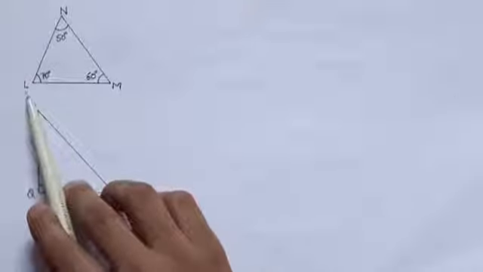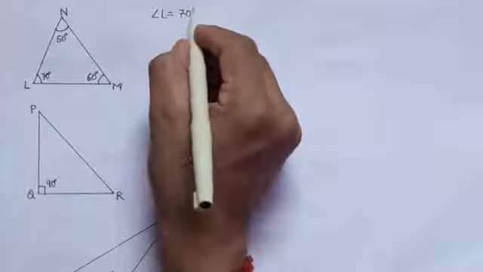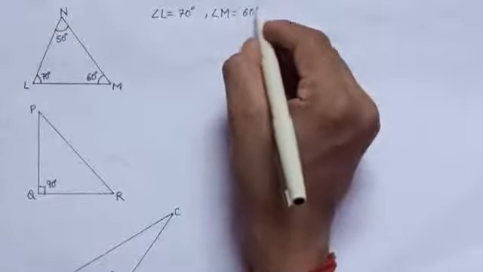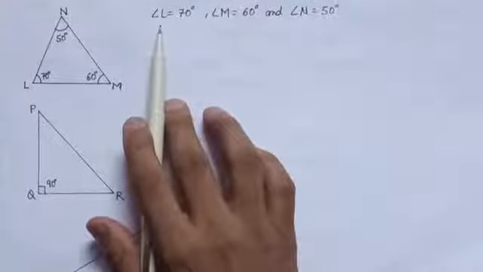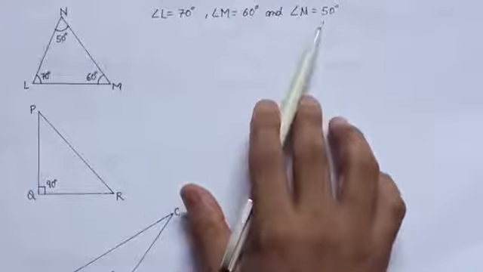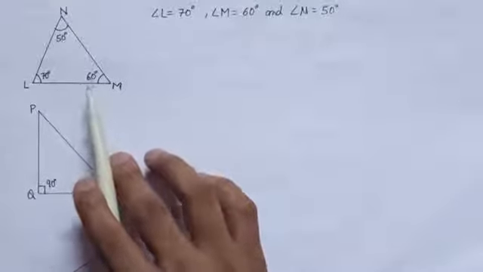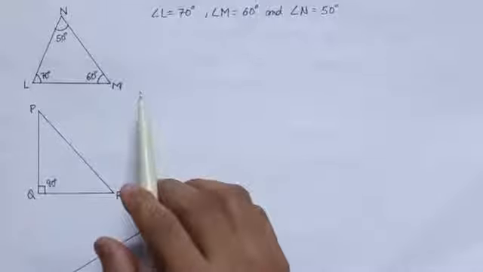Here you can see in the triangle LMN, angle L equals 70 degrees, angle M equals 60 degrees, and angle N equals 50 degrees. Now you can see that all these three angles measure less than 90 degrees. Such a triangle in which all the angles measure less than 90 degrees is known as an acute triangle.